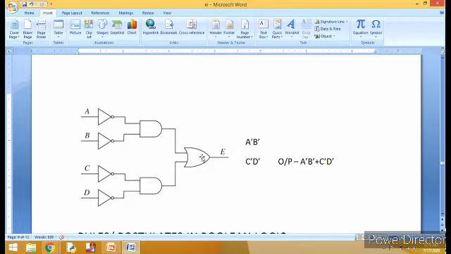And what is the use of the OR operator? The OR operator gets the combination of all the inputs, the inputs which have come from this AND and this AND. So the inputs were A dash B dash and C dash D dash, and the final output is A dash B dash plus C dash D dash. Is it clear, newcomers?